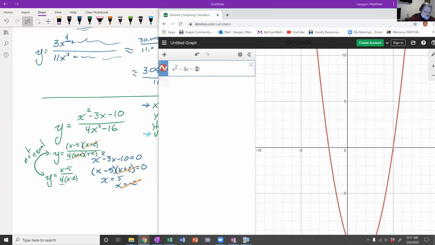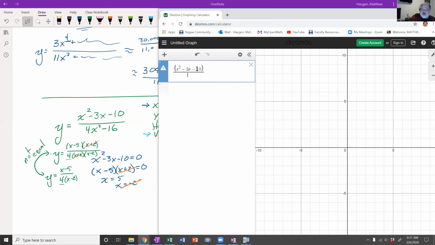Fine. Parentheses it is. Divided by 4x squared minus 16. So that's the graph we're trying to look at.